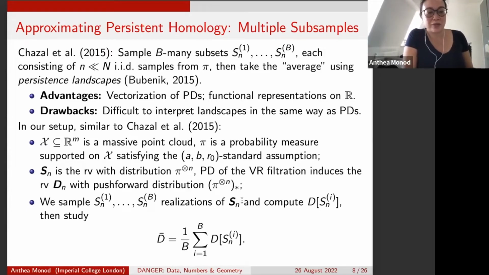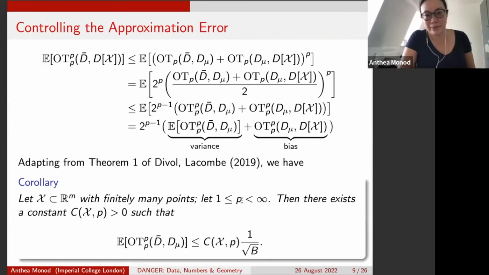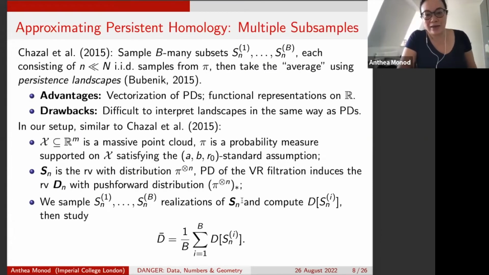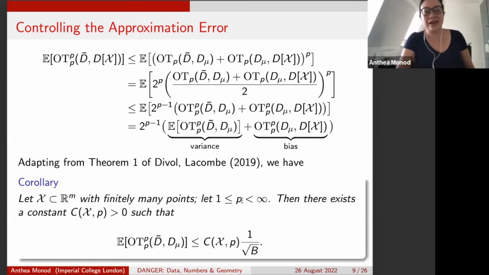And in this case, they look at the bootstrapping approach proposed by Efron, and come up with these kinds of results. So the idea is looking at these landscapes, computing the means, as we are interested in, and then deriving some convergence results. Okay, so that's what's been done so far.